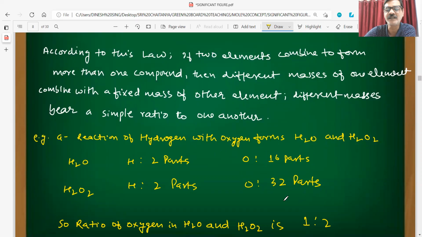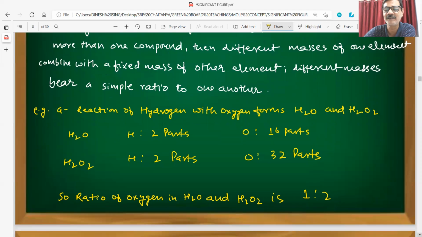With 2 parts here, 32 parts of oxygen are reacting. So if we compare the masses of oxygen in both compounds, it will be a simple ratio. The ratio of oxygen in H2O and H2O2 is 1:2.